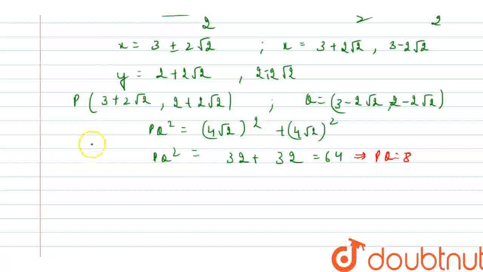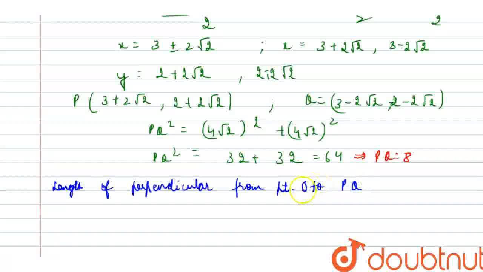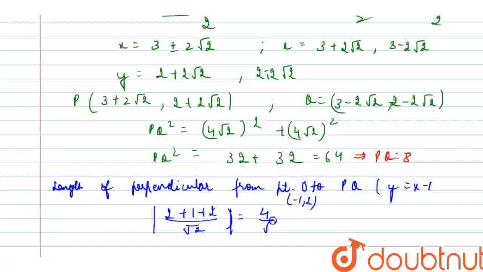Now we have to find the length of the perpendicular from point O to PQ. The point O is (-1, 2). Substituting it in the line PQ, that is y is equal to x minus 1, using the distance formula, it would be (2 plus 1 plus 2) upon under root 2, which comes out to be 4 upon root 2.